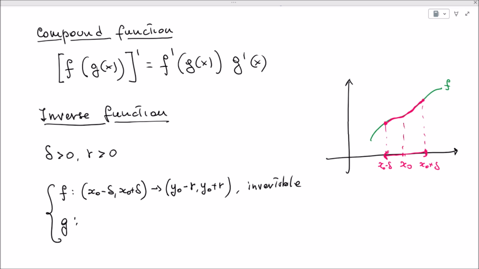We are saying that x naught has an image under f which is y naught, and the interval x naught minus delta, x naught plus delta will correspond through f to an interval y naught minus r, y naught plus r.